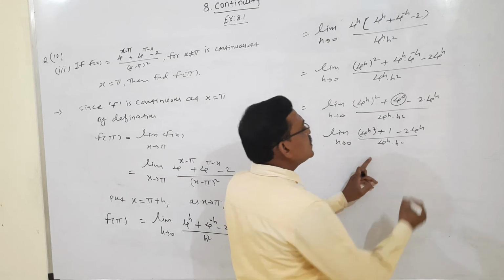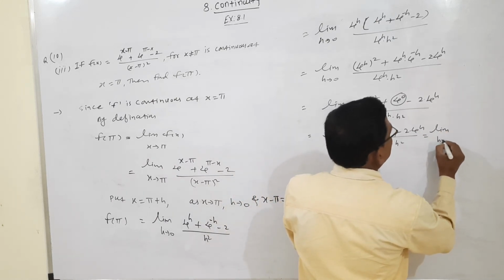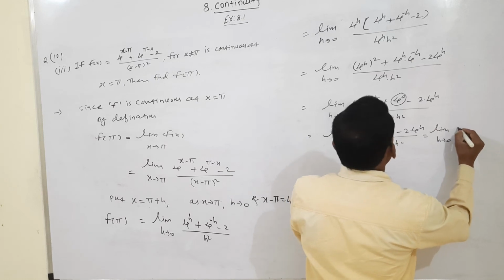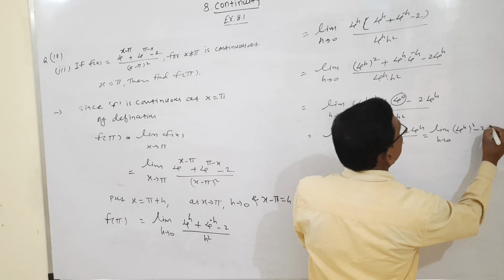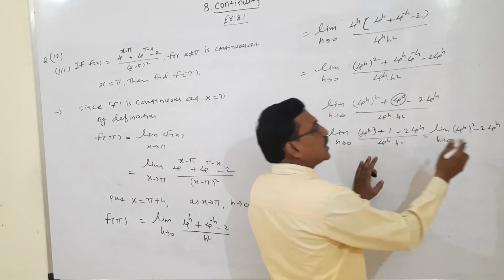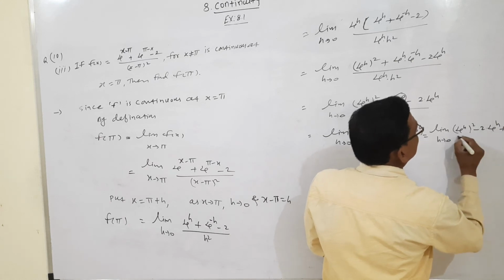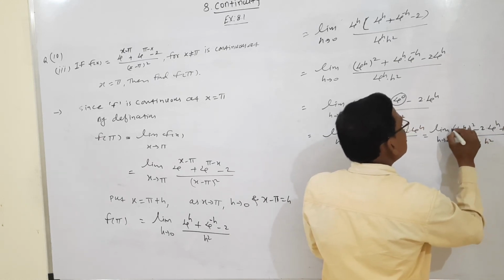Actually, this is nothing but like this. Limit as h tends to 0, 4 raised to h whole square minus 2 into 4 raised to h, we take the third term as the second, plus 1, divided by 4 raised to h into h square.